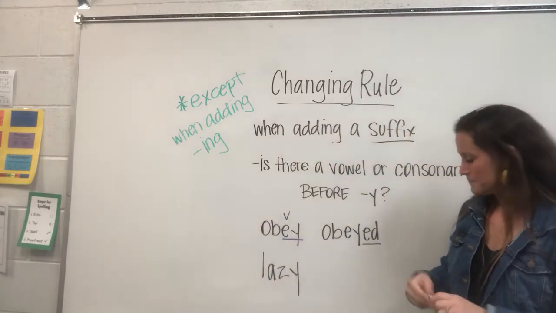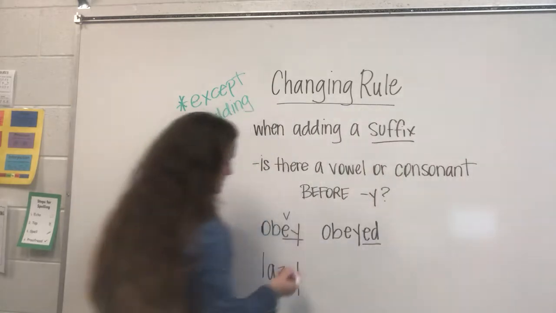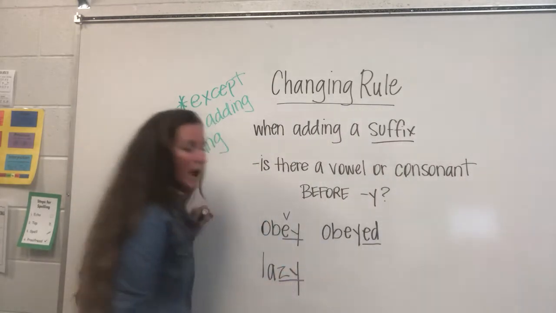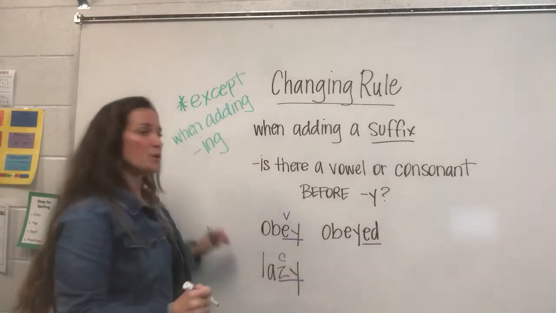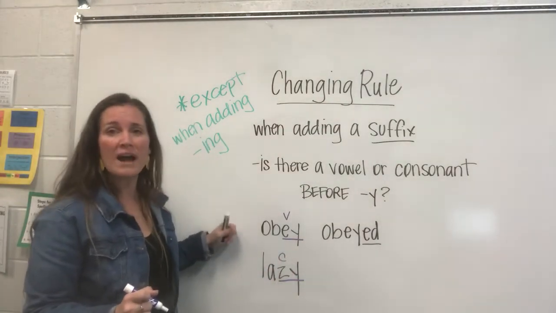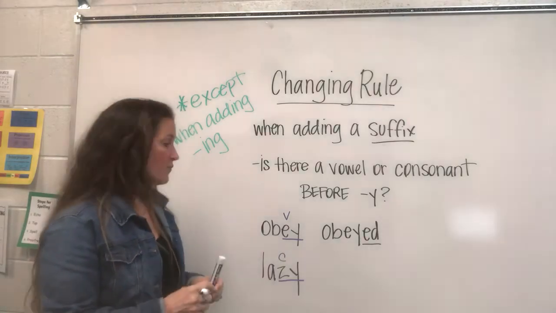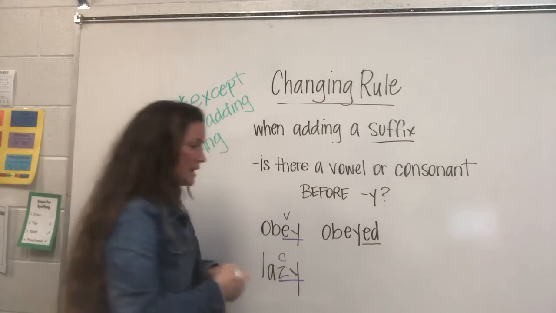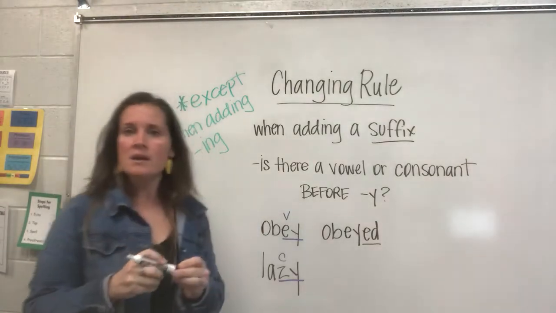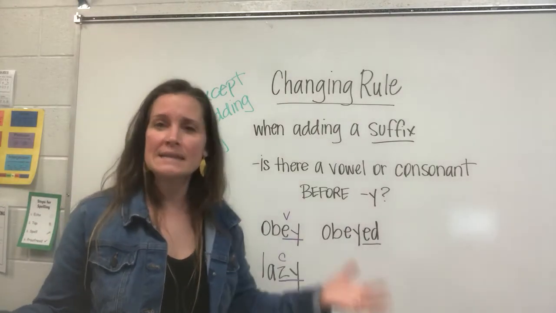We have lazy. So what we're going to look at is this ZY. We know that Z is a consonant, right? So when there is a consonant before the Y, you have to change the Y to an I before adding the suffix. So if I were to say, my kids over spring break showed such laziness.